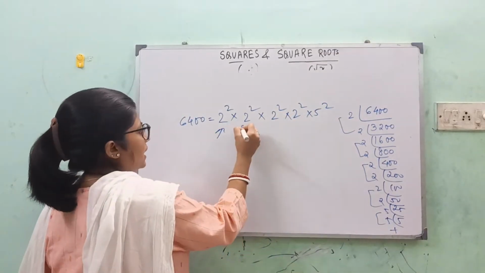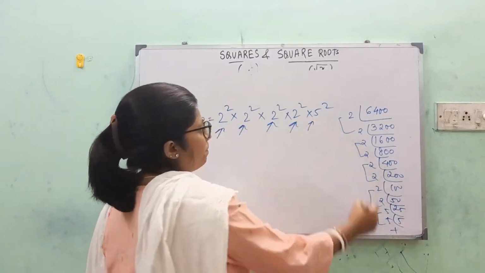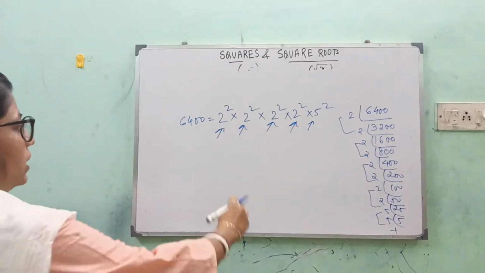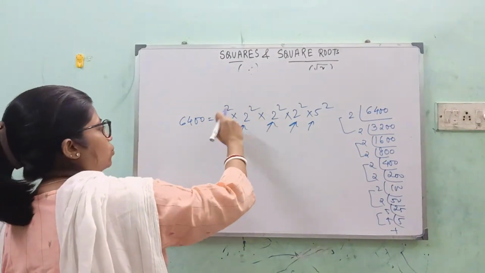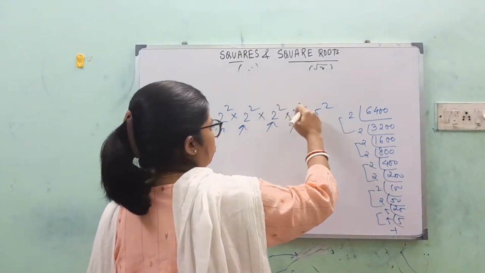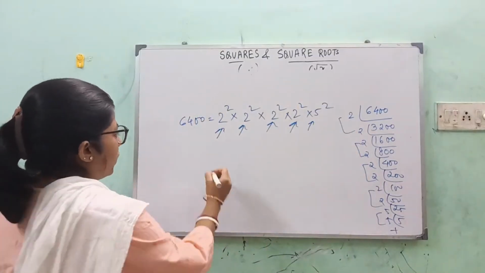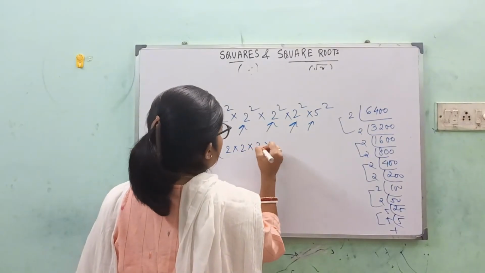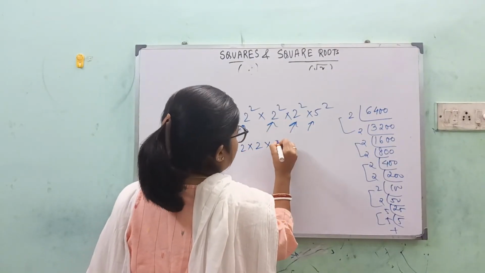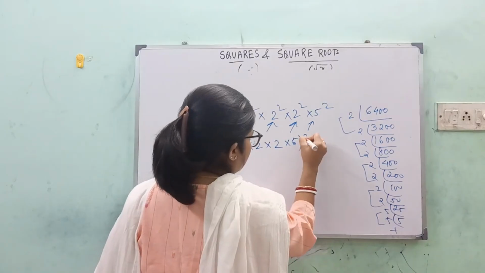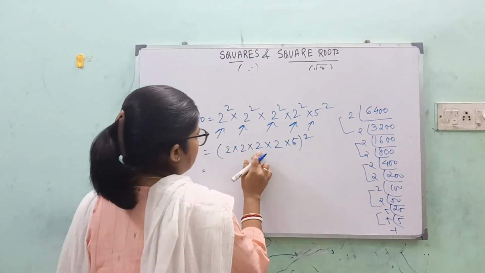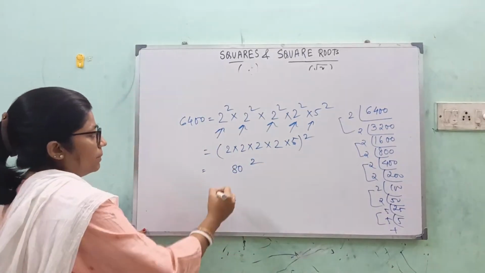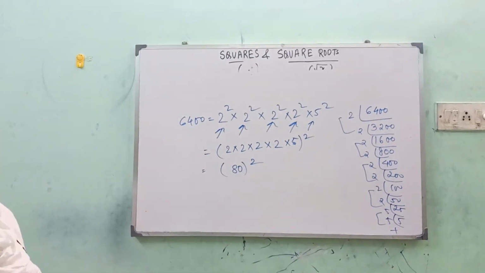We could express each of these as a product of pairs of equal prime factors. Each power 2 means it's a pair. 2 into 2, 2 into 2, 2 into 2, 2 into 2, 5 into 5. Now if we put them together according to the laws of indices, 16 into 5 is 80. 80 square. That means 6400 is equal to 80 square.